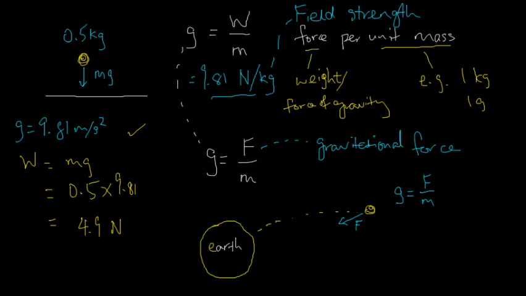of gravitation. Let me write down that law of gravitation here. Newton's law of gravitation says that the gravitational force is equal to big G, the gravitational constant, times the two masses, in this case the mass of the Earth, which I call big M, and the mass of the ball, which I call little m, divided by r squared.